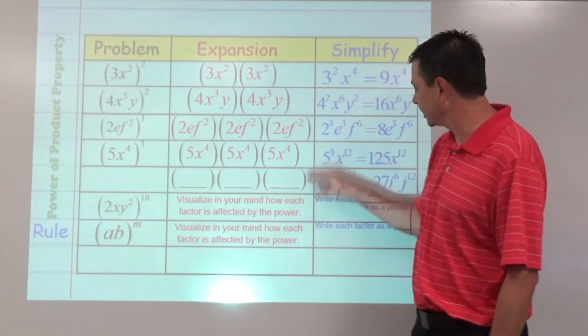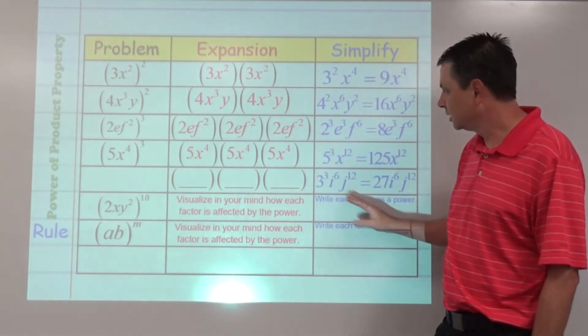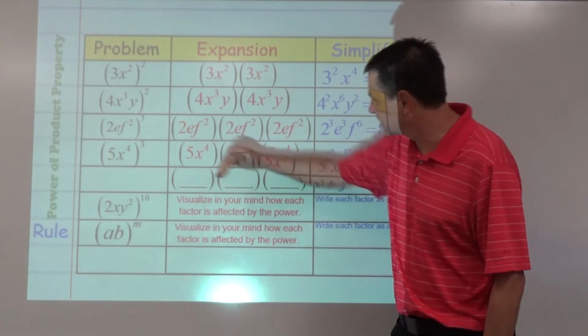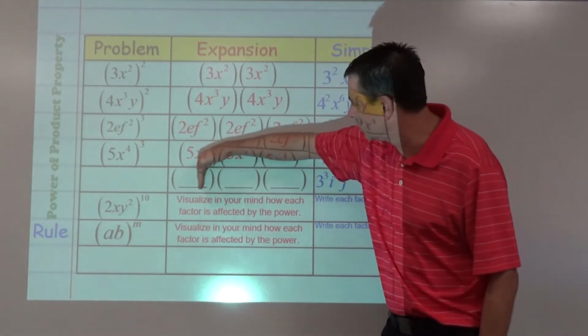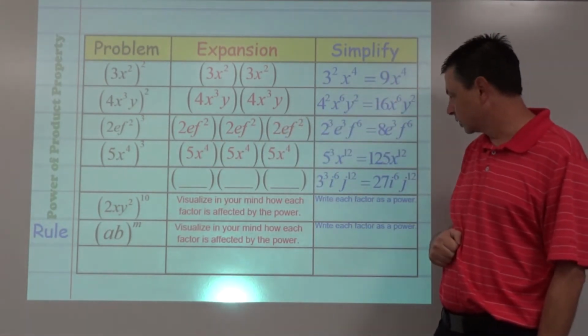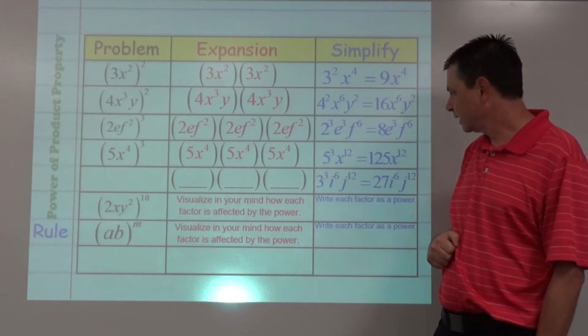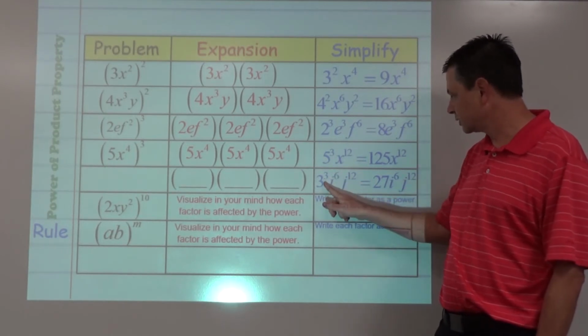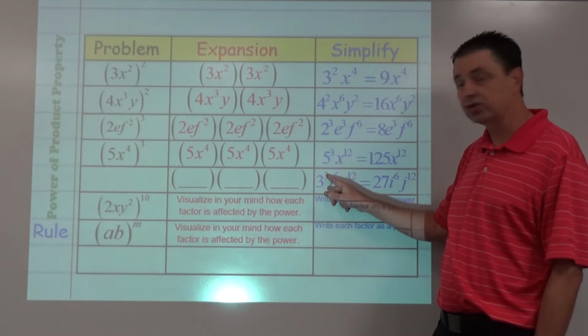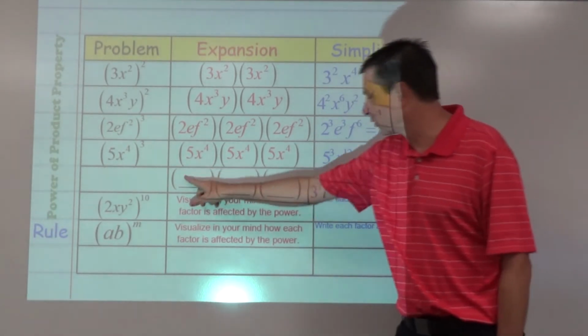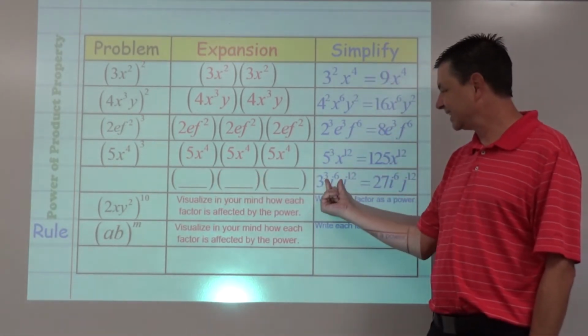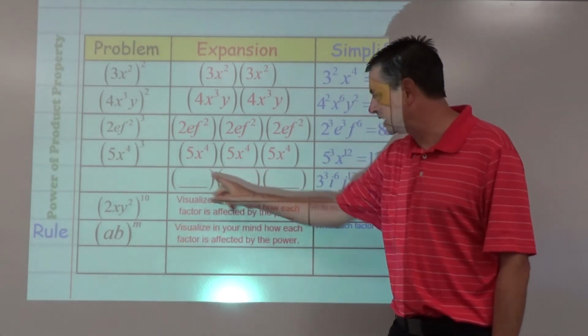This might be a little trickier. Here's our answer. Here's our expansion. There were 3 identical factors. So if it's 3 identical factors, there's 3 3's, so it's a 3 in each. And then to get i to the 6th, they have to be the same in each.